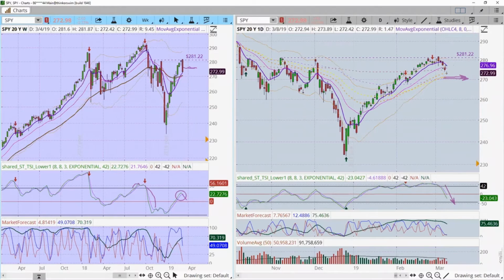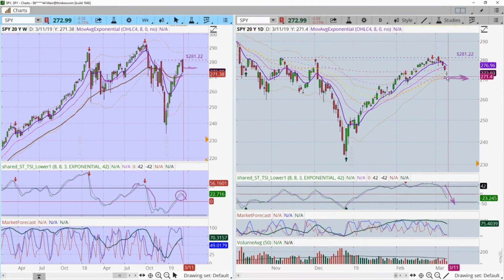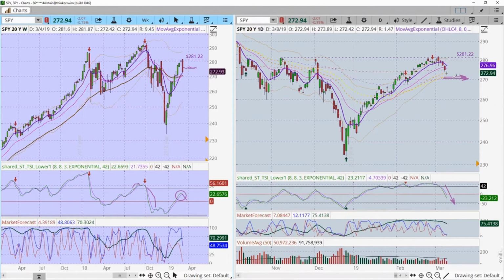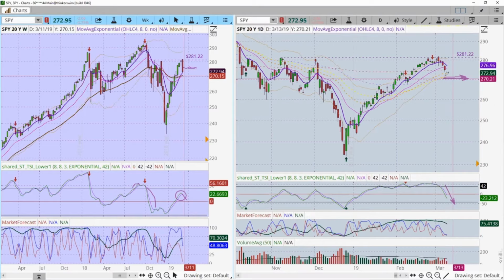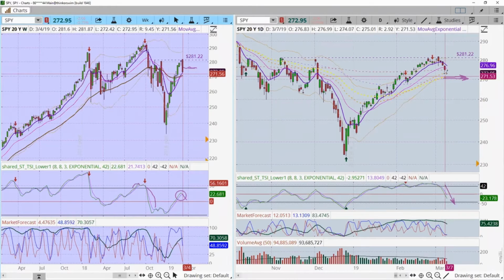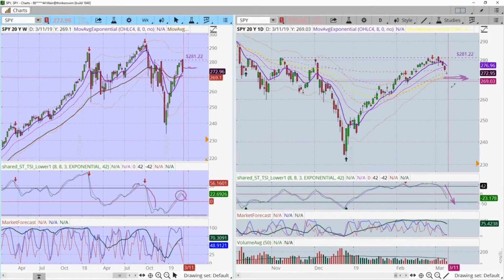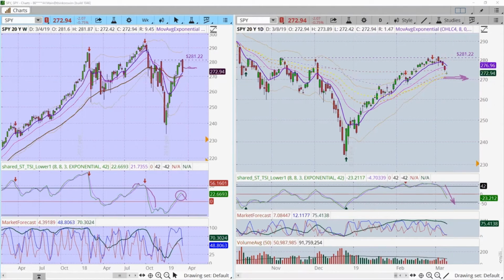And then we would anticipate breaking through the 50 and going on down. However, the 50-day moving average tends to be a strong level. If we bust through that on significant volume, then all bets are off.